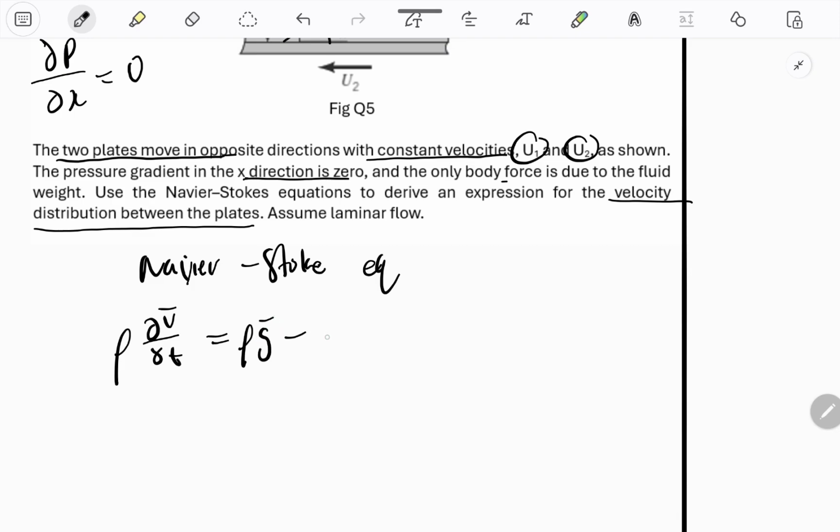That is the gravity term, that is the pressure difference, mu, that Laplace term, and v. So this one is just a vector. It's obviously in one dimension, so I'm interested in what is going on in this dimension.